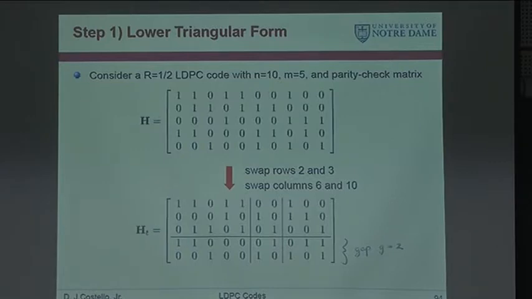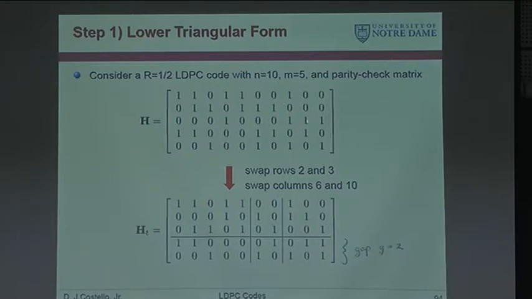Again, changing column positions doesn't change the weight structure of the code. All it does is change the order of the bits. So that's okay as long as you remember you've done it and you tell the decoder that you've done it. Okay. So if we swapped rows 2 and 3, just interchanged them here, again, that doesn't change the dual space of this matrix, which is the code. Just interchanging 2 rows doesn't change that.